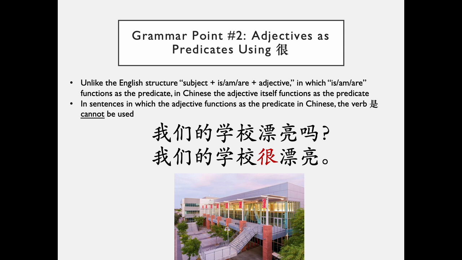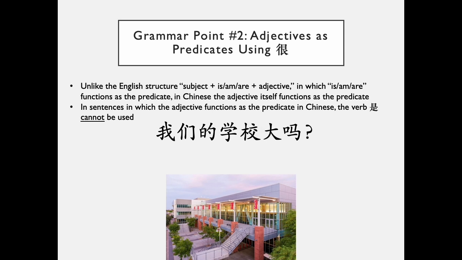You can simply translate this sentence as our school is pretty. 我们的学校大吗? Here again, you would place the 很 in front of the adjective. 我们的学校很大. Our school is big.